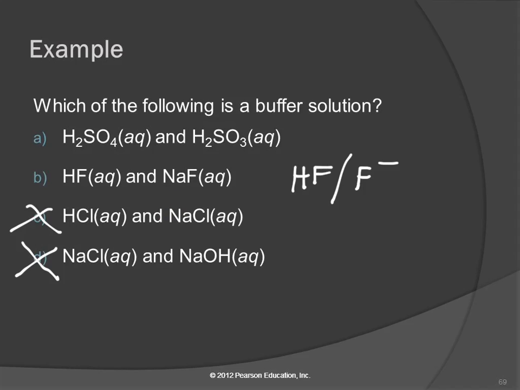So this one is a buffer system. We've got the weak acid and the conjugate base. How about this first one? Is this a weak acid? It's a strong acid. It's an acid, but it's on the list. How about this one? Is this one on the list? No. Here we have a strong acid and a weak acid, and that's not going to cut it.